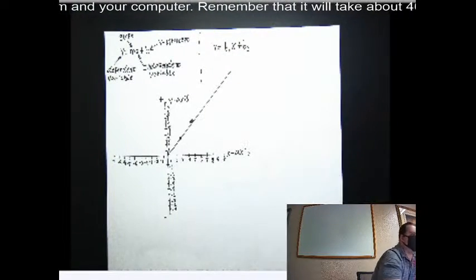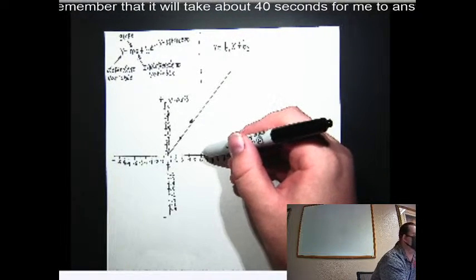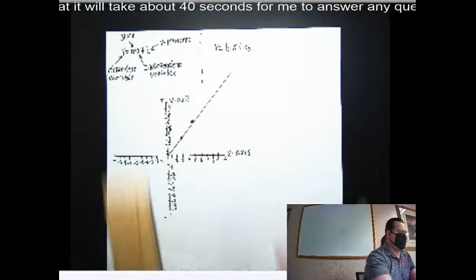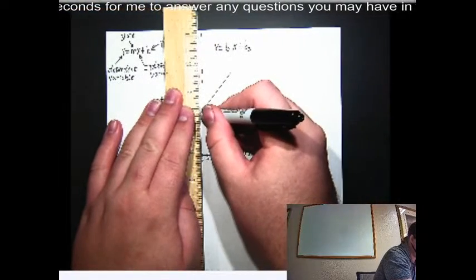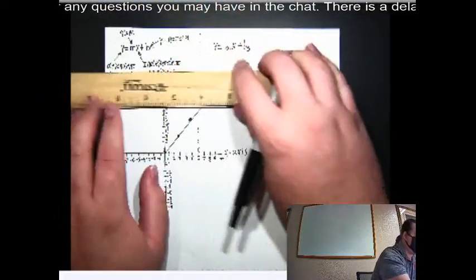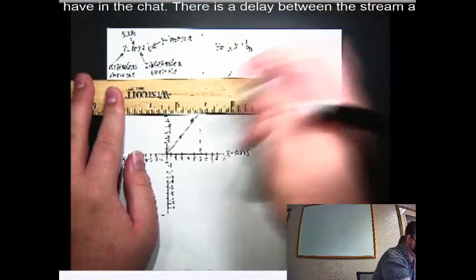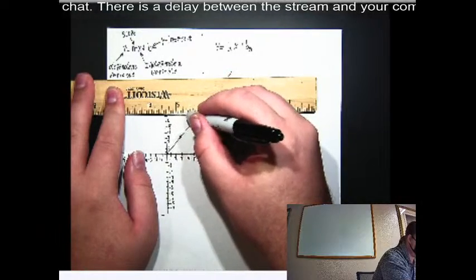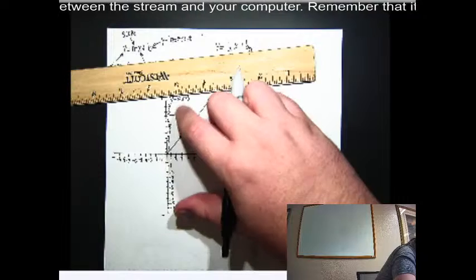So then we could maybe say, okay, what happens if we plug in a 6 for x? Well, if we go up to our line from 6, we can then go over and it's going to be about 8.